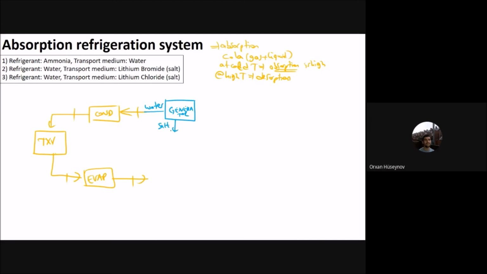This salt travels in that direction to an absorption part. Okay, you can see that here water travels and goes back to this state here, and the water and the salt are absorbed in this absorption unit.